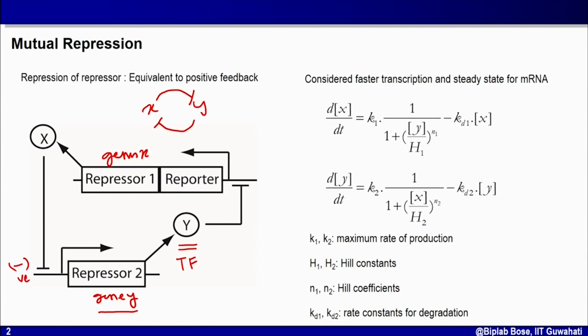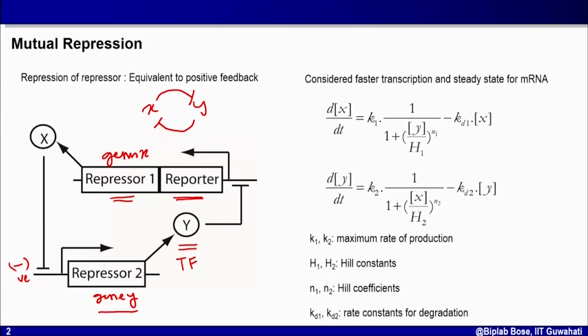In the diagram shown here, if you notice, we have shown a reporter gene fused with repressor 1. Repressor 1 is nothing but gene X. Now, many a time, to do an experiment based on genetic network, we require a reporter gene like GFP, which will give us an estimate of level of gene expression.